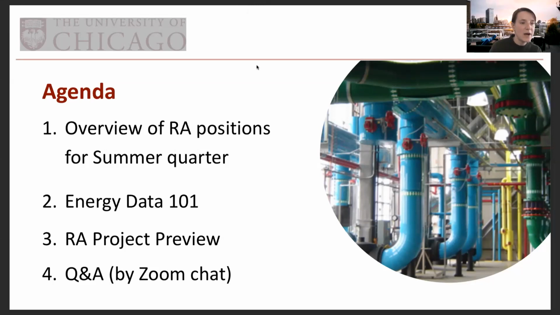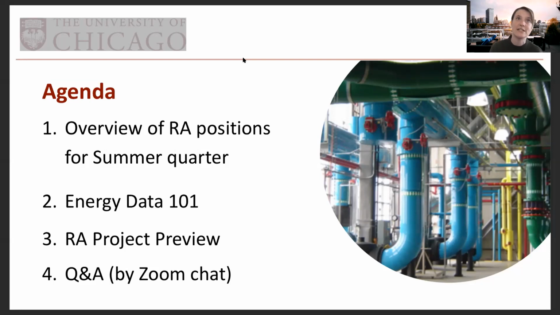So here's what we are planning to go over today. As I believe most of you know, the Environmental Frontiers Initiative is piloting several undergraduate research assistant positions this summer. We're going to walk you through the nature of those roles and the types of projects that we anticipate student research assistants will be working on.